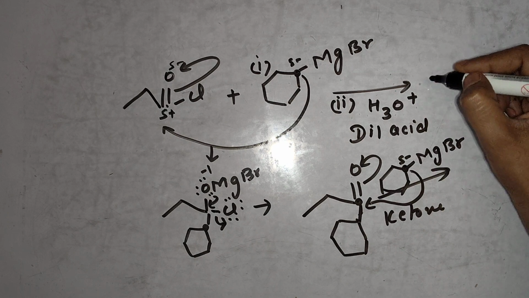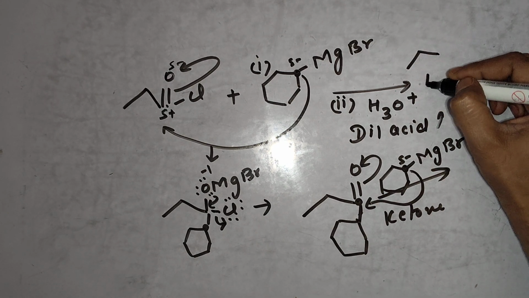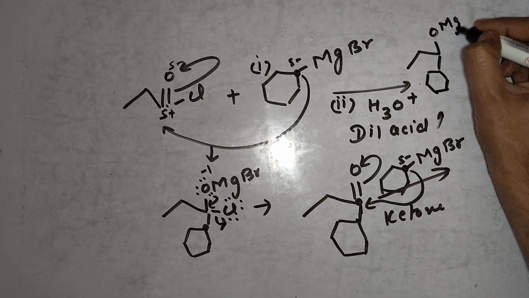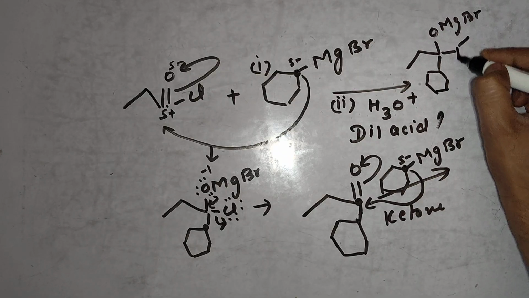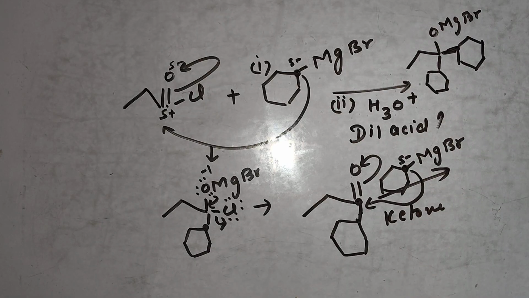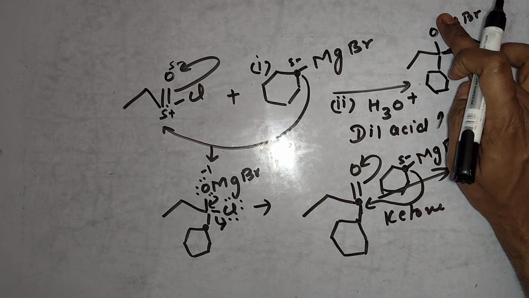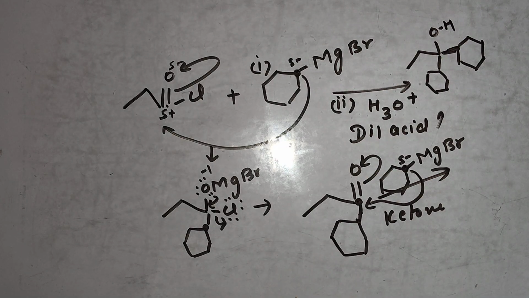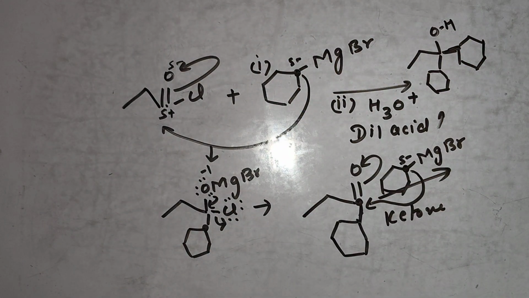So OMgBr, and here we will have our another cyclohexyl group, this one. Now next process, hydrolysis. After hydrolysis, this MgBr will be released out. At the place of this we will have OH. This is the alcohol which will be generated during this process.